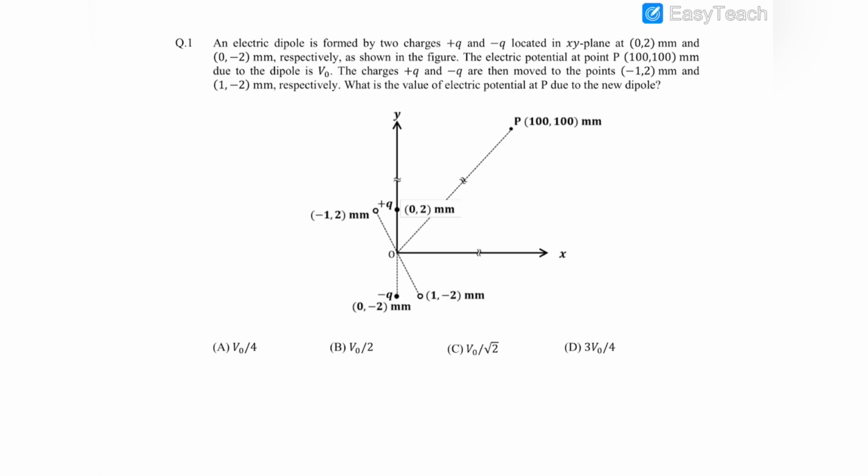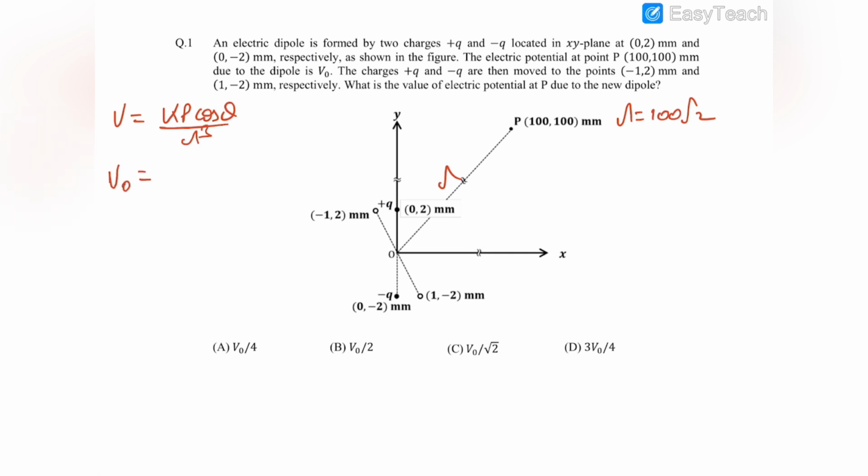So this is a simple question, and you can see that the potential due to a dipole is Kp cos theta by r cube. Now you can see that this distance r is 100 root 2, and this angle is 45 degrees.